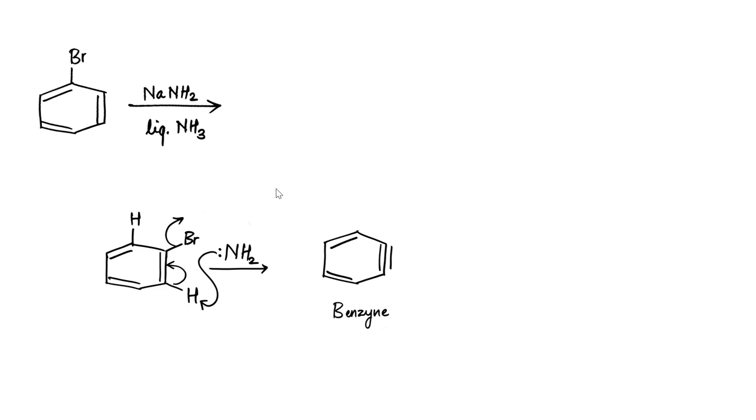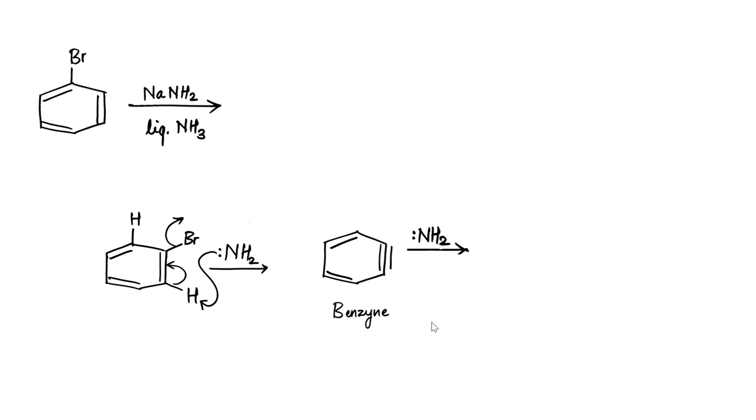Now we are going to add something, that is in presence of liquid NH3, meaning we are going to add this NH3 molecule. Out of this NH3, this NH2 has a lone pair and one more hydrogen is present at this nitrogen. After addition, you will get this type of structure. Now the possibilities are different.